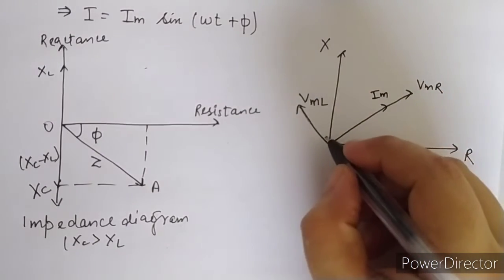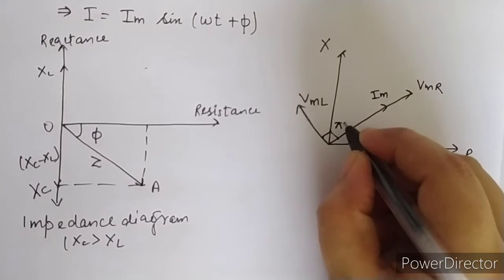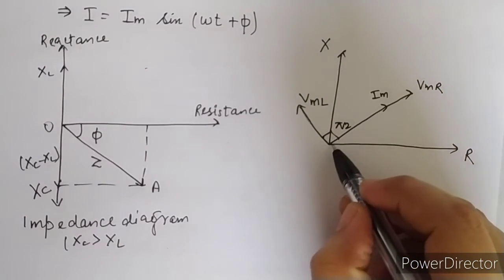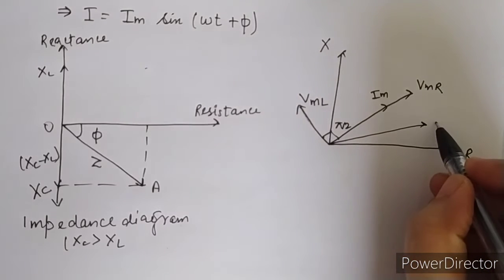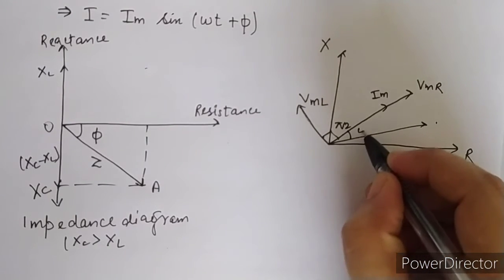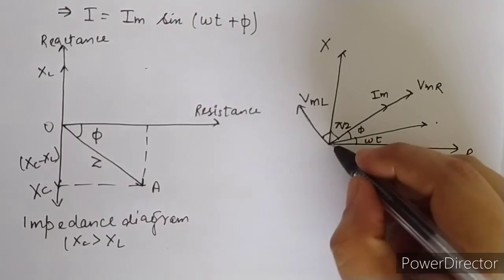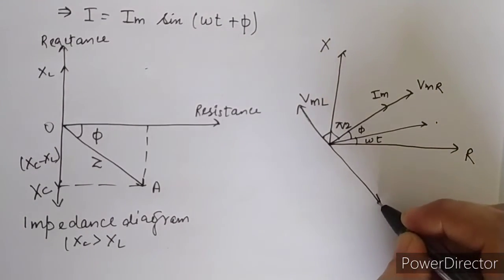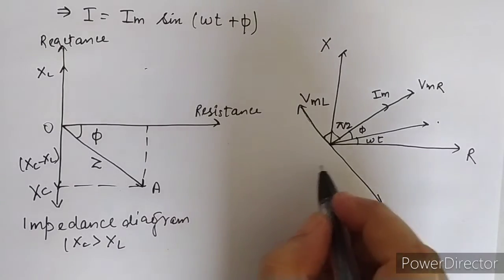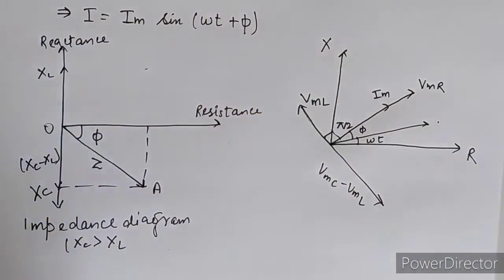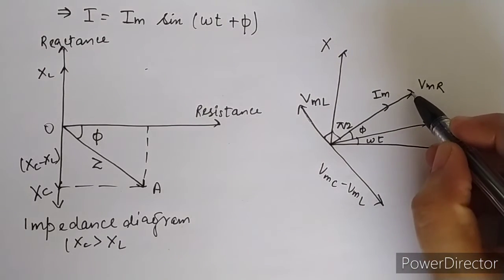This is Im. It makes an angle of pi by 2. The resultant one makes the angle phi, and it is from the omega t, and here is the value of VMC minus VML, and the diagram is like this.